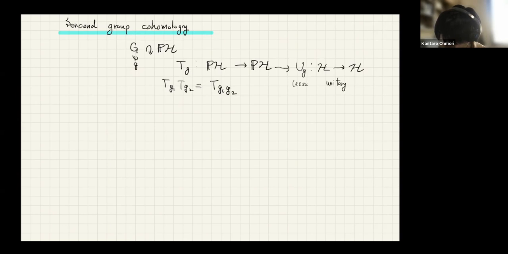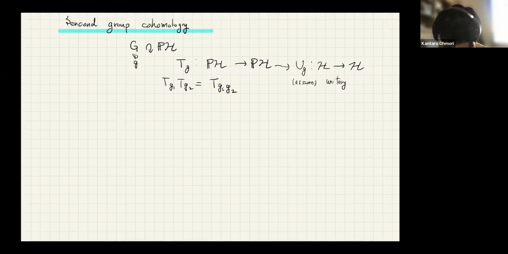It can be anti-unitary, but for simplicity, let's assume this is unitary. Then by Wigner's theorem, this is unique up to the overall phase rotation.